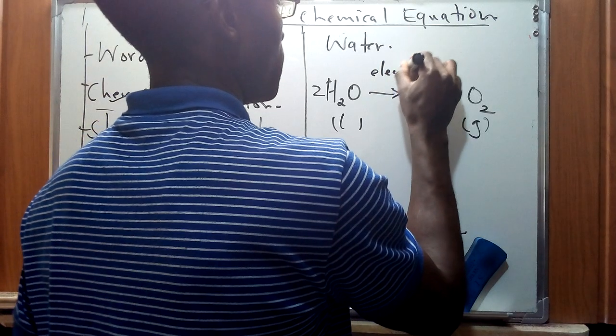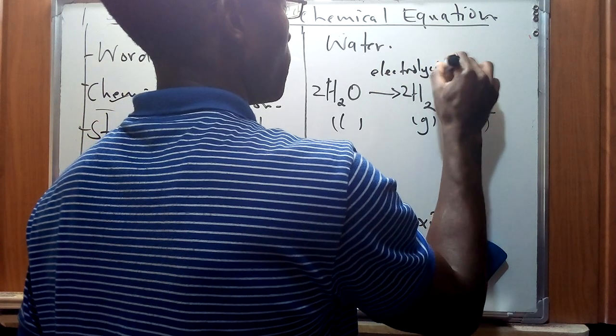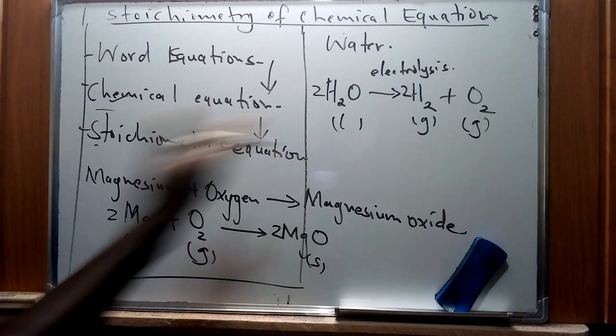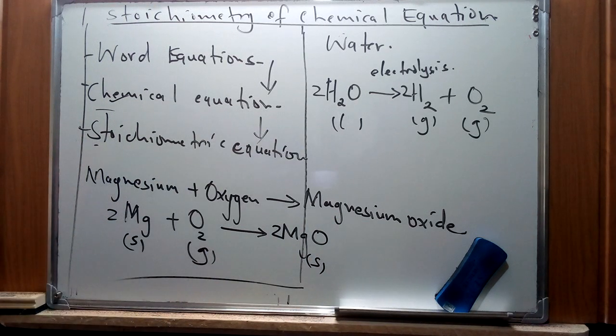So the process that is taking place in this case, of course, is electrolysis, and there are some other conditions that we're going to see which are going to accompany some chemical reactions of that specific nature. So we have a different range of chemical equations depending on the nature of the reactants and the product, which can be represented in form of stoichiometry of chemical equations.